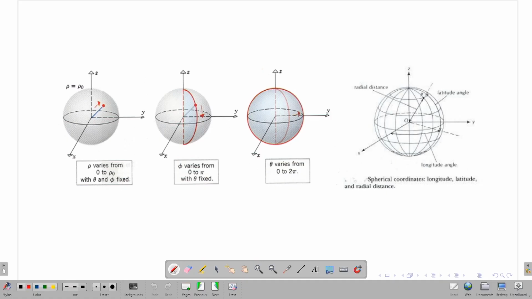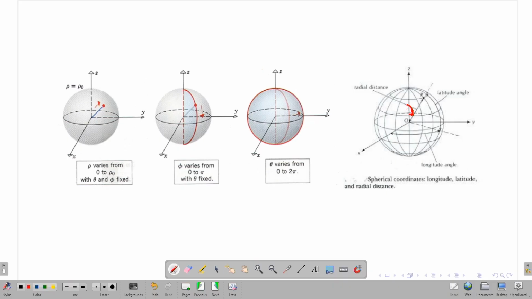And phi is called the latitude angle. It is measured down from the z axis to the line OP. So this phi is measured from the z axis downwards to that OP vector.